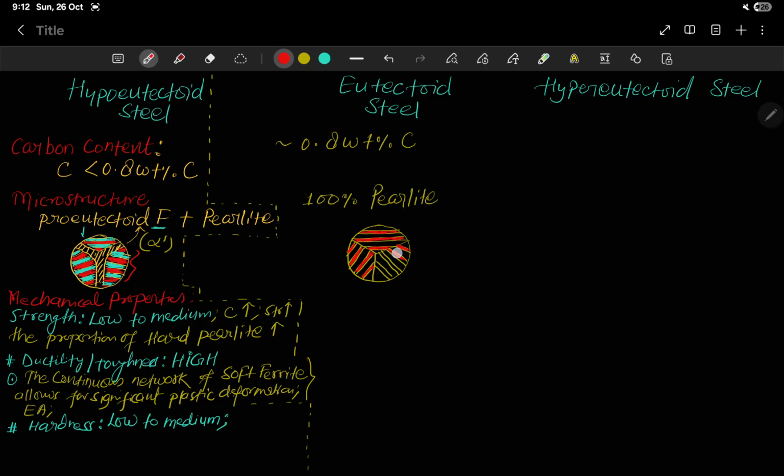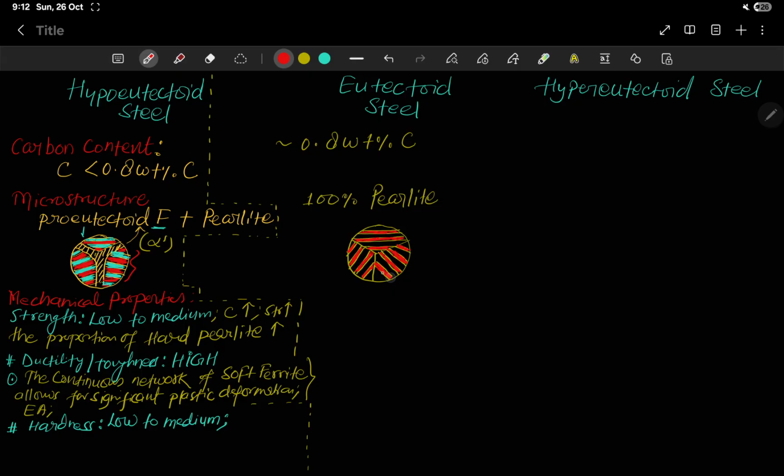This is the microstructure of eutectoid steel. So what is perlite? It is like mother pearl, which is nacre. And what is nacre?